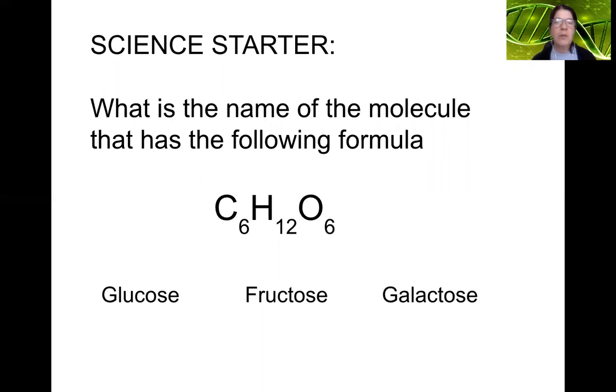Well, this formula is called a molecular formula. It tells us what kind of atoms are contained within the molecule and how many of them there are, what's the ratio. So there are 6 carbons, 12 hydrogens, and 6 oxygens. However, it does not tell us how these atoms are arranged within the molecule.